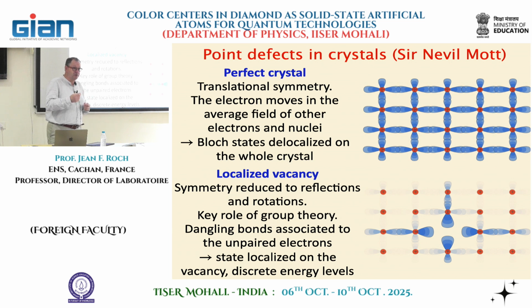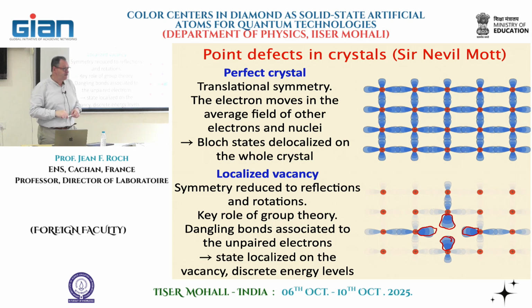But now, associated to the vacancy, you have some dangling bonds that I show here. By a combination of them, as in a molecule, they will create a state that is localized on the vacancy. Not completely delocalized on the crystal, but spatially localized on the vacancy.